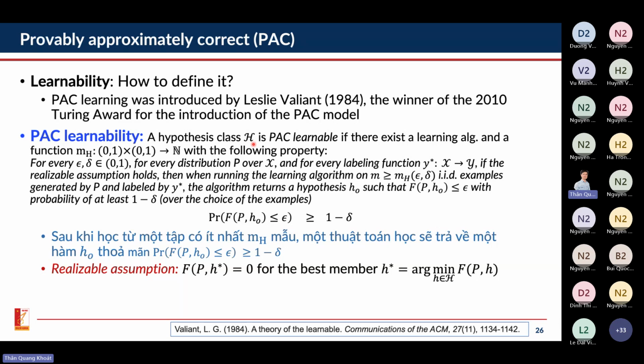If it satisfies this condition, then it is learnable. Or in other words, it can approximate the unknown function exactly, and many of its members can approximate very well. So in that case, this family can be considered PAC learnable.